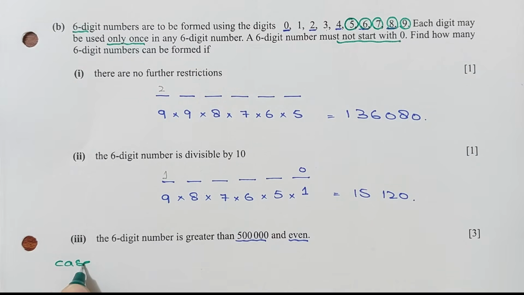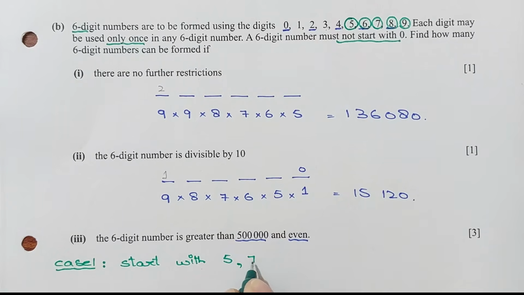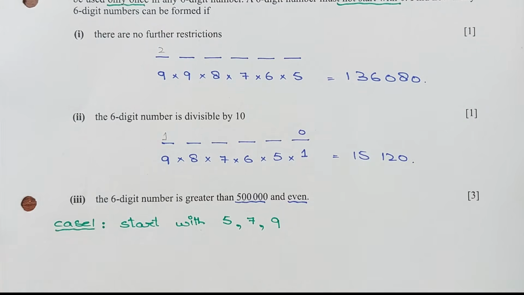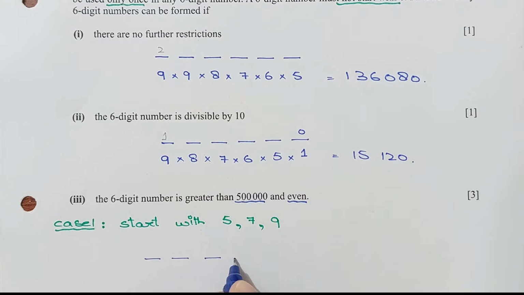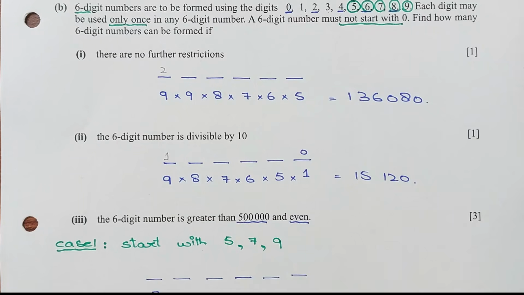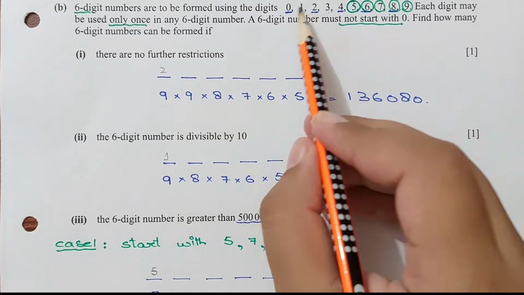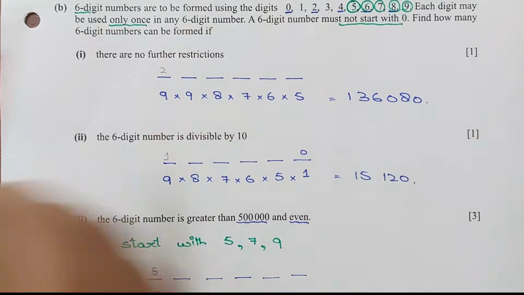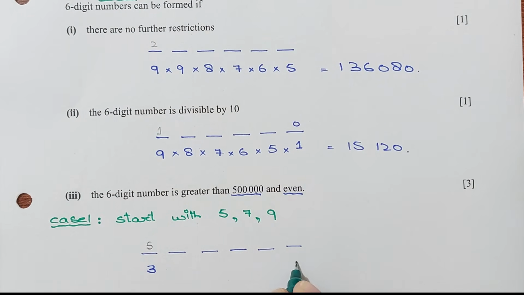For case 1, the number starts with 5, 7 or 9, because on 6 and 8 there is overlapping. It is a 6-digit number, so we have 3 options for the starting digit, which is 5, 7 or 9. Let me take 5. The even numbers are 0, 2, 4, 6, 8, so there are 5 options for the last digit.